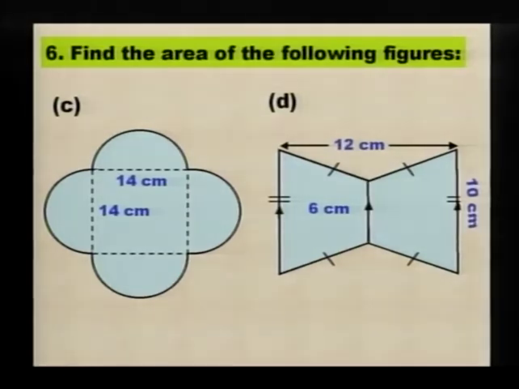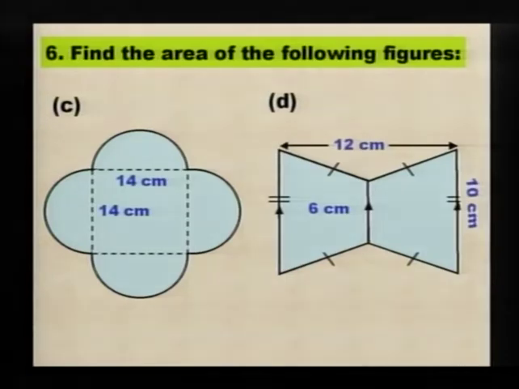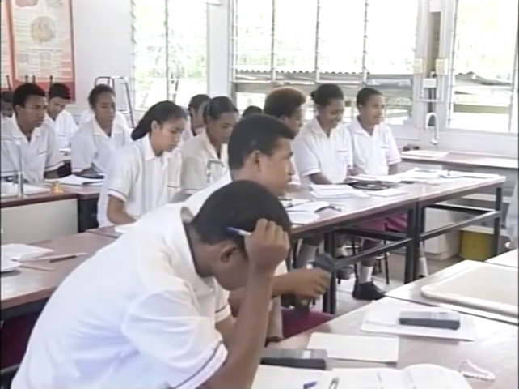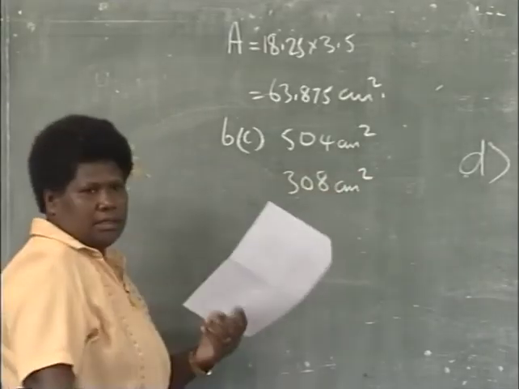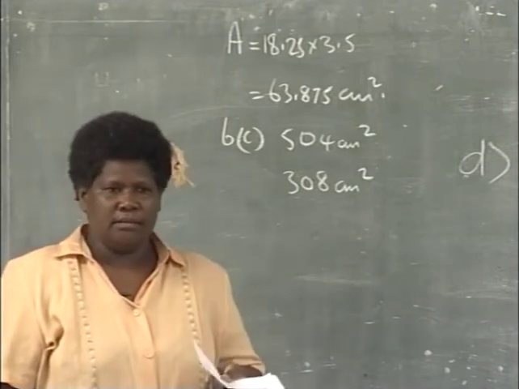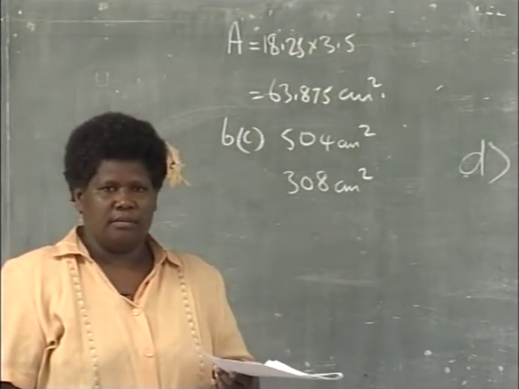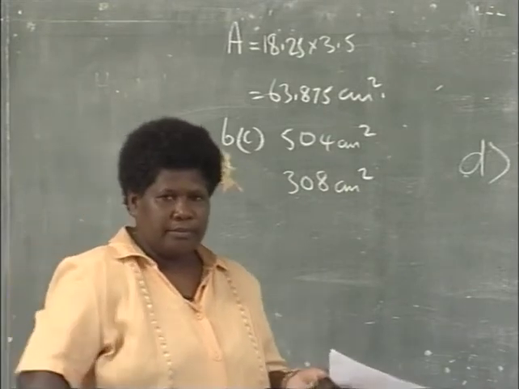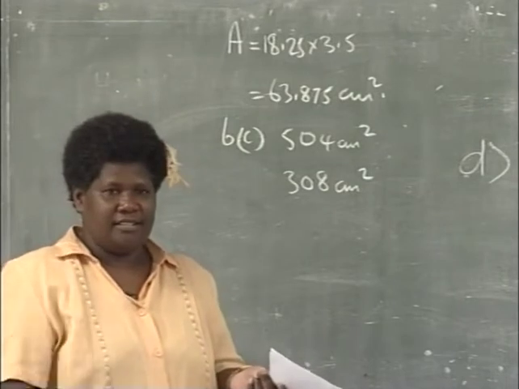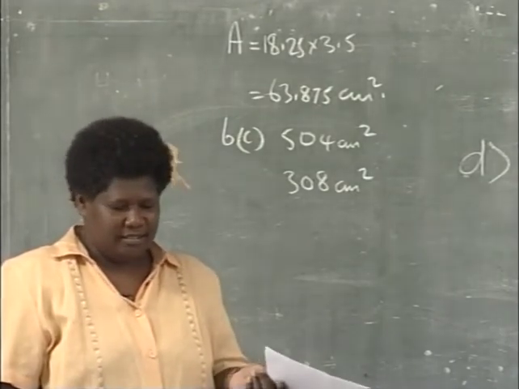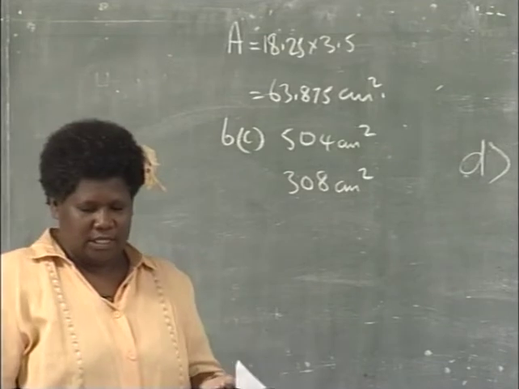Oh, he doesn't have the same answer. Okay, let's hear yours. 308 square centimeters. 308 square centimeters. Any other answers? Boromeo, what's your answer for 6C?